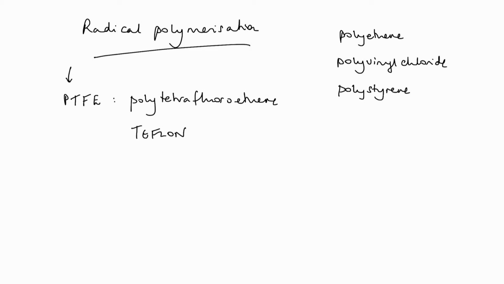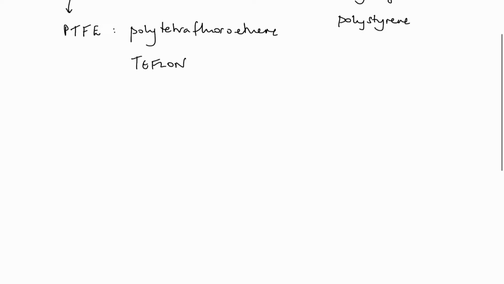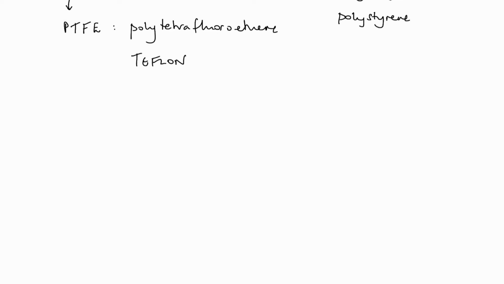So polytetrafluoroethene is made from the monomer tetrafluoroethene. So we have carbons, double bond, and instead of hydrogens as in ethene, we've got 4 fluorine atoms.